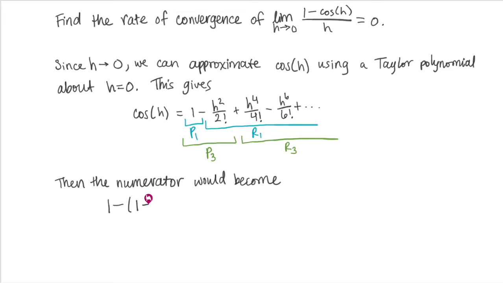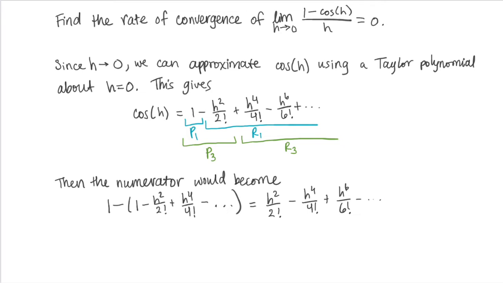So 1 minus, h squared over 2 factorial plus h to the 4th over 4 factorial minus, etc. And so I end up with these two 1's, 1 minus 1, adding up to 0, and then I have the rest of this expression. So I'll end up with h squared over 2 factorial minus h to the 4th over 4 factorial plus h to the 6th over 6 factorial, etc.